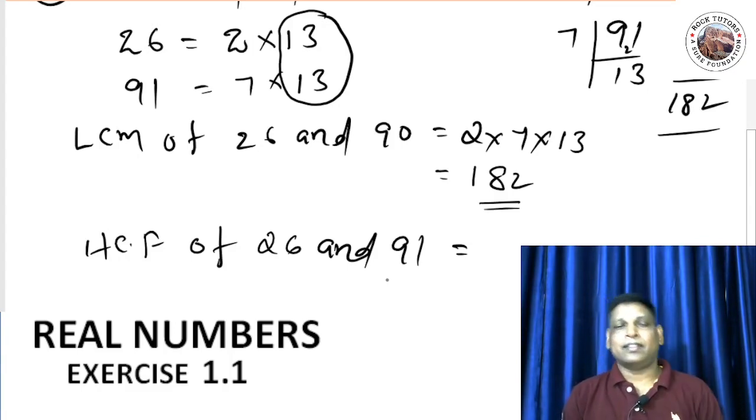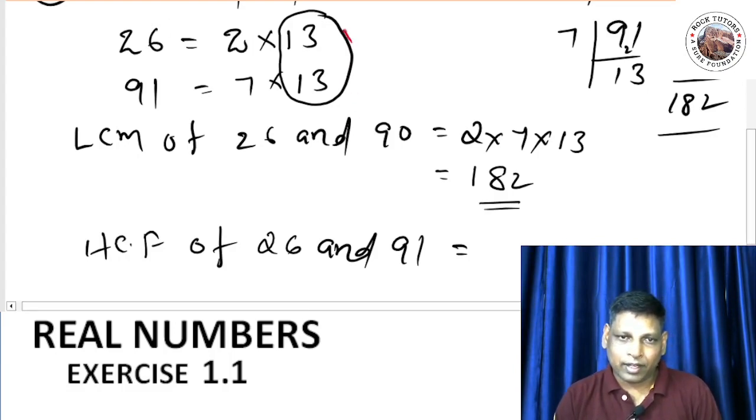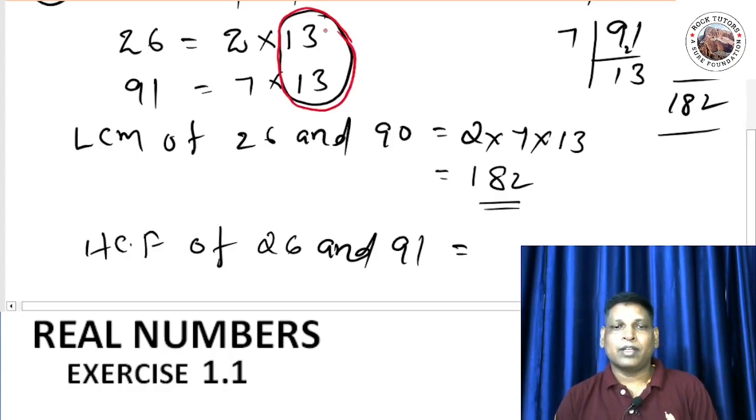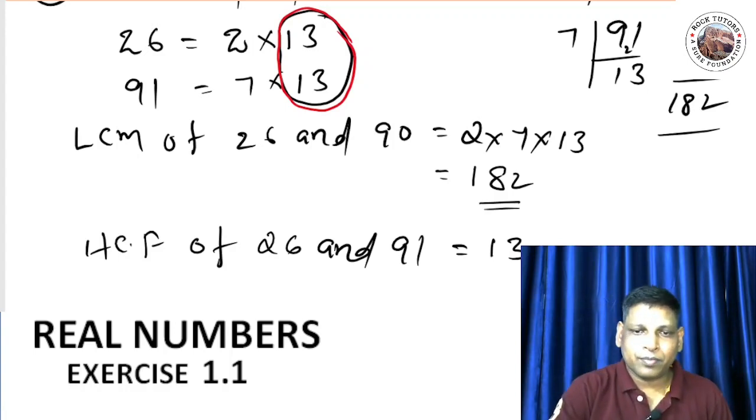What is the highest common factor here? The common factor is 13 only. So the HCF of 26 and 91 is 13. We got both.